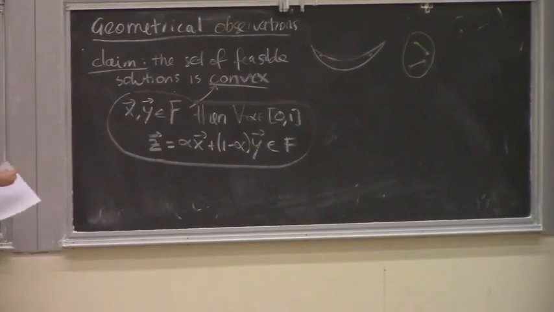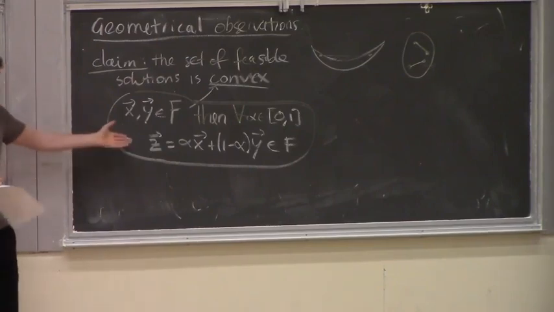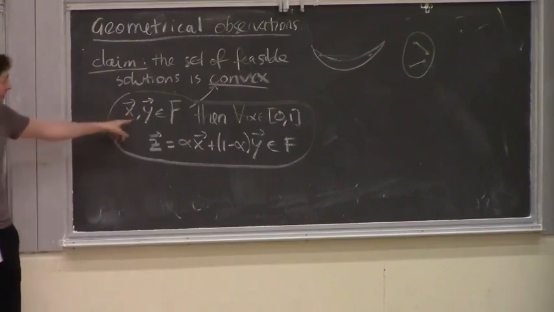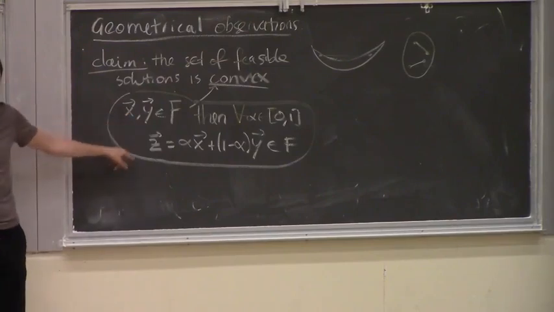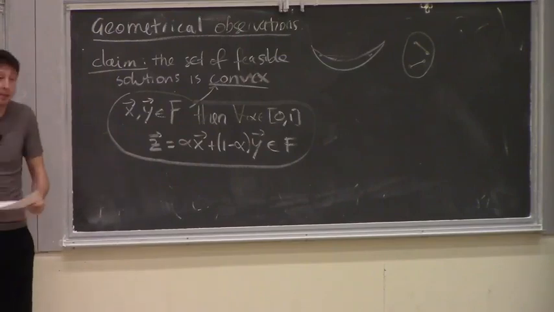And so let's try out this definition for one constraint. One way to prove this would be to say that if x and y satisfy some constraint, then so does z. Clearly, if x and y satisfy every constraint, then so would z as well, right? So let's just focus on one constraint, and let's start with an example.